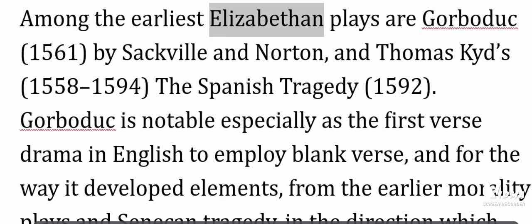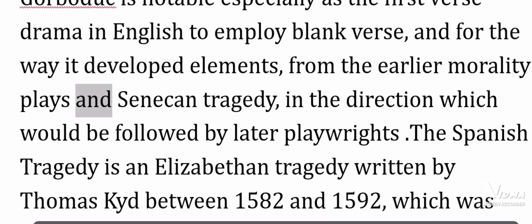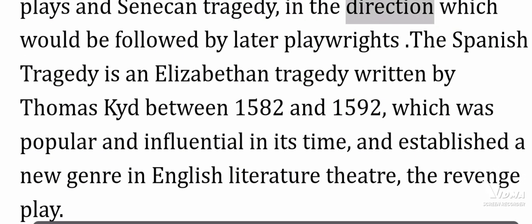Drama. Among the earliest Elizabethan plays are Gorboduc, 1561, by Sackville and Norton, and Thomas Kyd's, 1558 to 1594, The Spanish Tragedy, 1592. Gorboduc is notable especially as the first verse drama in English to employ blank verse, and for the way it developed elements from the earlier morality plays and Senecan tragedy, in the direction which would be followed by later playwrights.